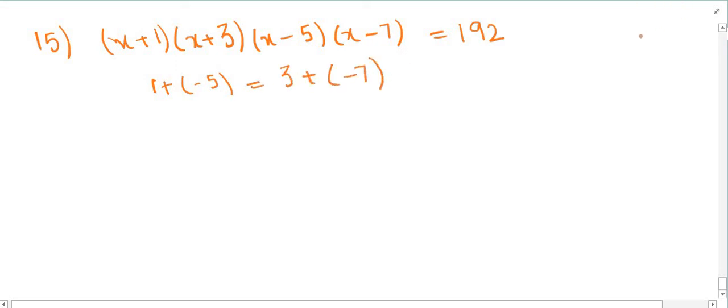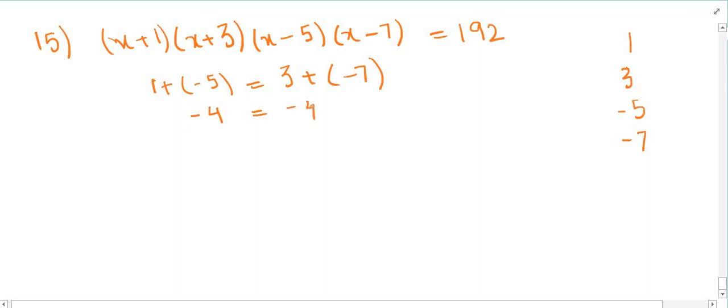What are the constants? 1, 3, -5 and -7. Just arrange them in such a way that the left and right side of the equation must be equal. Just arrange it according to your choice.